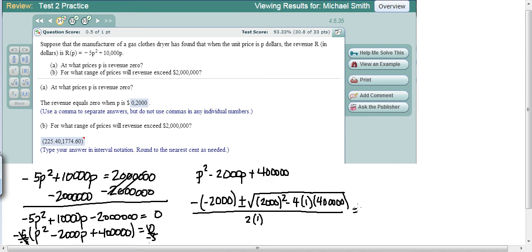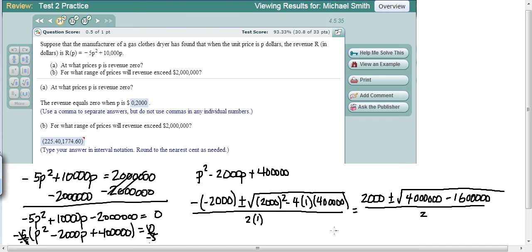Alright, so we're going to come over here and we're going to write 2,000 plus or minus the square root of, alright, 2,000 squared is going to be a 4 with 6 zeros. Alright, 4 million minus, and then 4 times 4 is 16, and we've got 5 zeros there, and then we divide all that by 2.